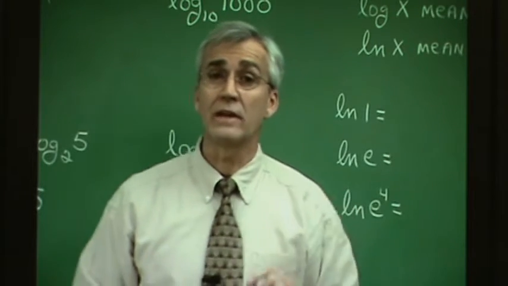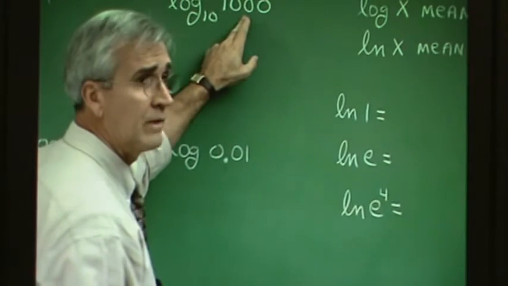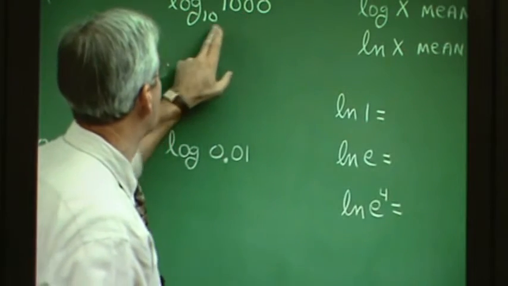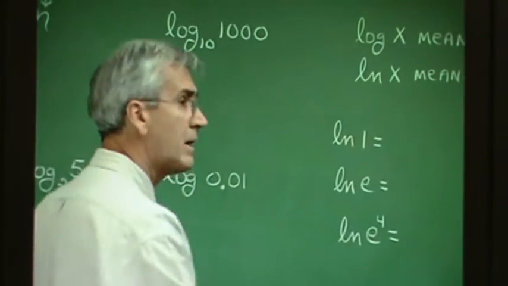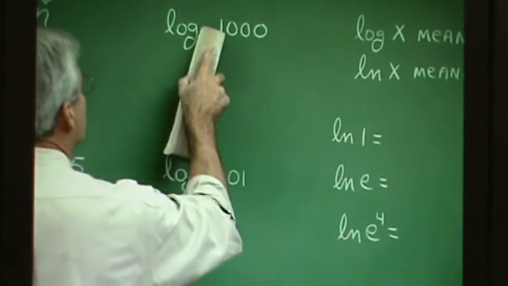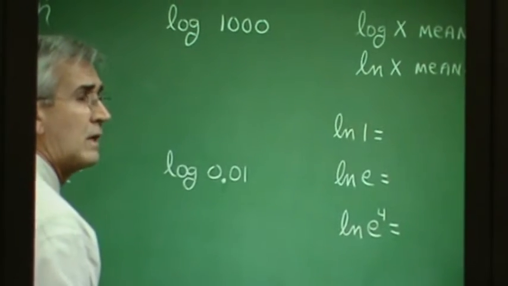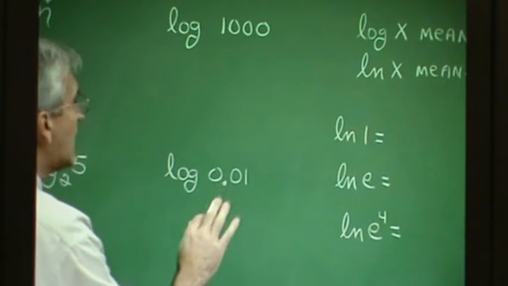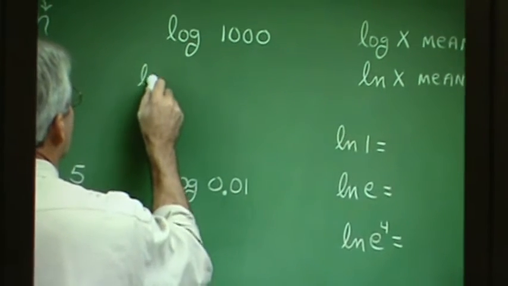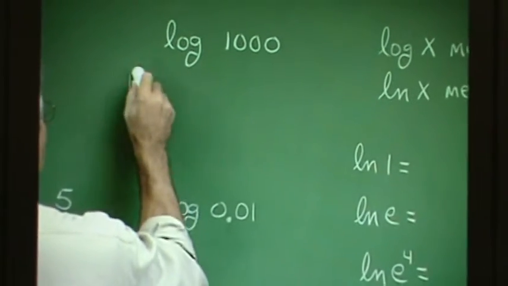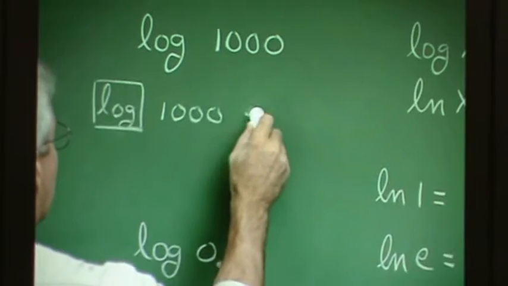Because it's on the calculator, we can make the calculation for the log of 1,000 using the calculator. Now, a lot of times this 10 is not even written. If a logarithmic base is unwritten, then it's understood to be 10. So this might be shown as log 1,000. And to make the calculation on the calculator, you press the button marked log on the calculator display, enter 1,000, and press enter.